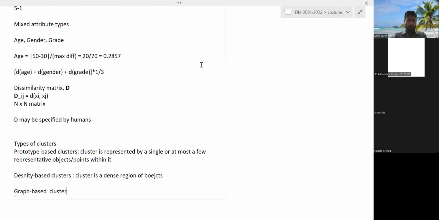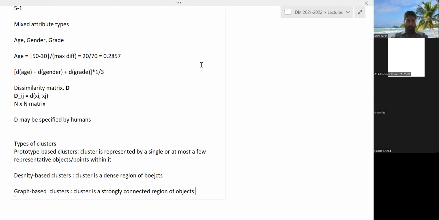Graph-based clusters. Here again, as the name suggests, we use notions of graph connectivity to determine clusters. A cluster is a strongly connected region of objects.